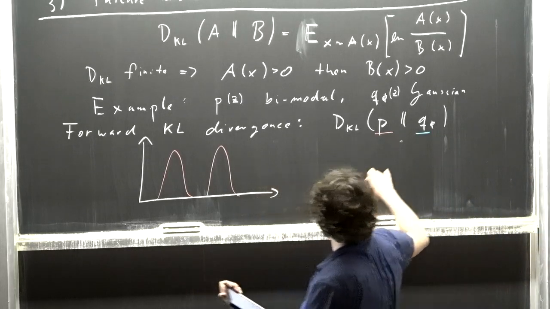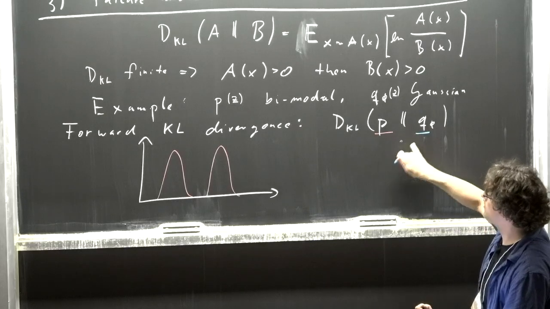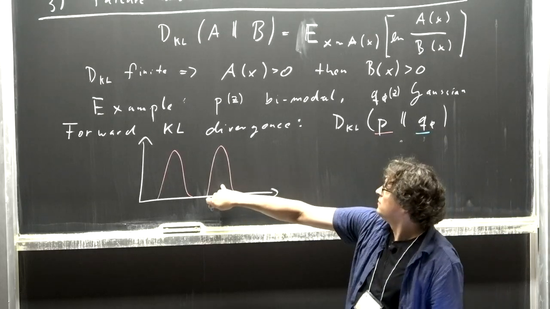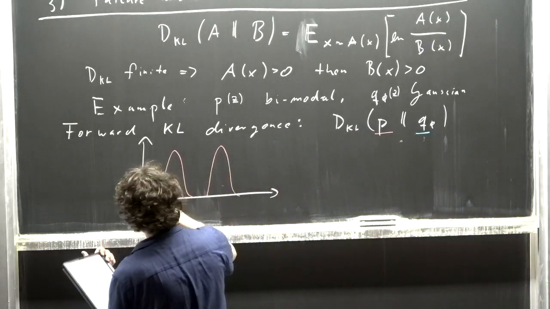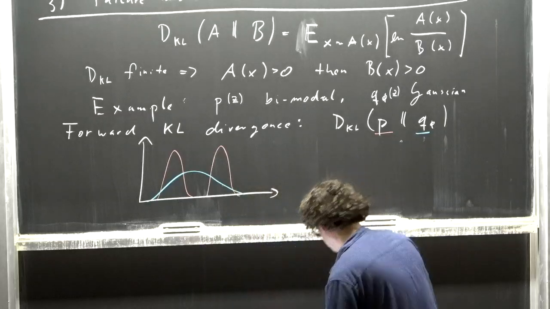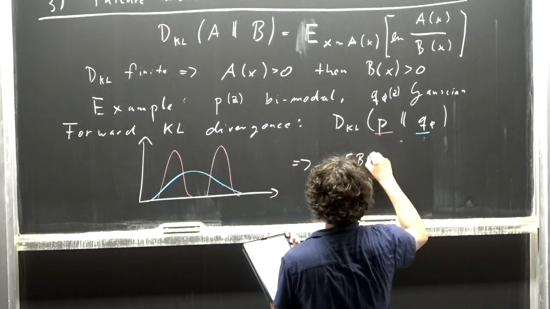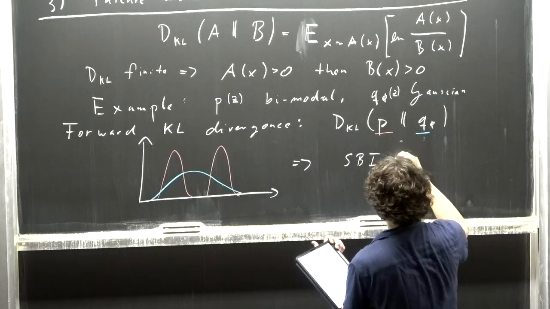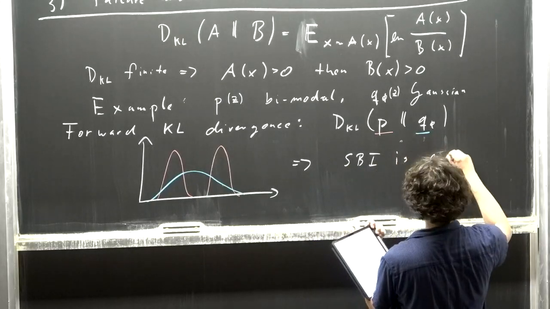Then we have to make sure that wherever P is non-zero, also Q is non-zero. So the typical outcome of a fit would look like this. Forward KL is mass covering typically.